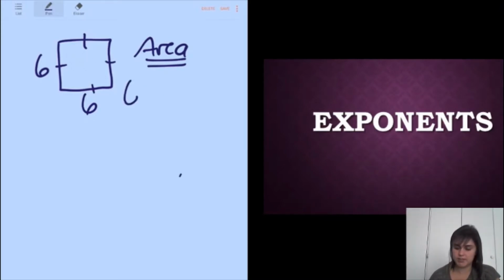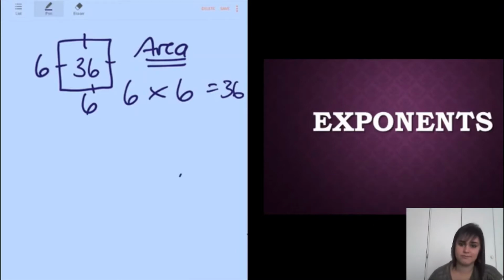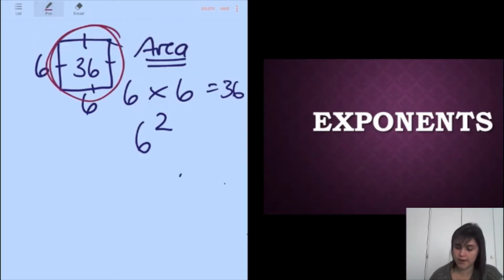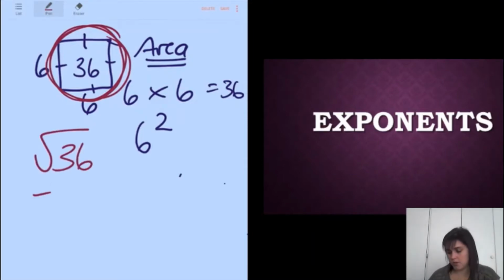I would say 6 times 6, and 6 times 6 will give me 36 in a square. So 6 squared is equal to 36. And the square root of 36 will be equal to 6.